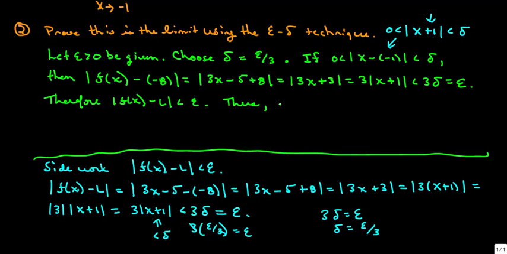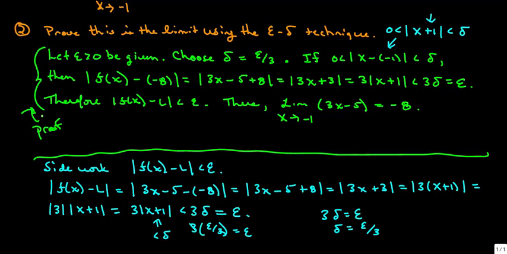Thus, we have the following. The limit as x approaches negative 1 of 3x minus 5, we've just proven, is equal to negative 8. And so this up here in green is your proof.